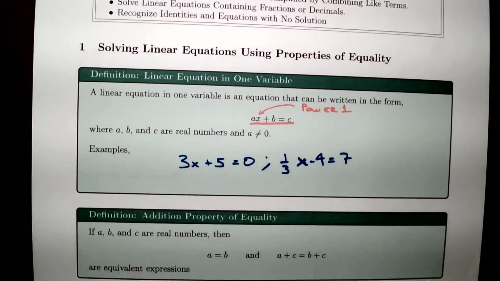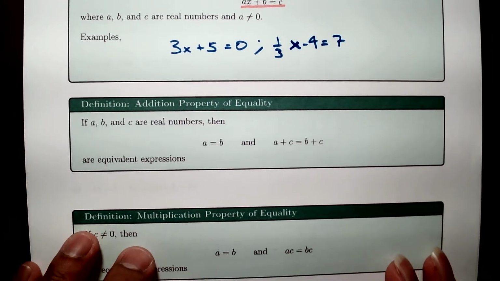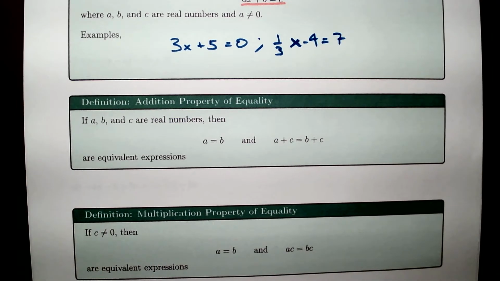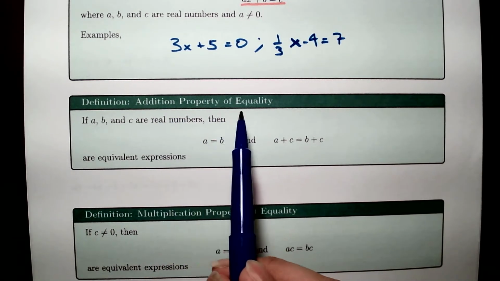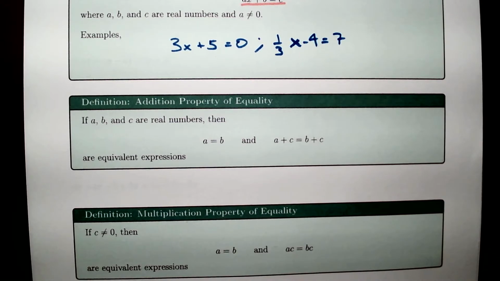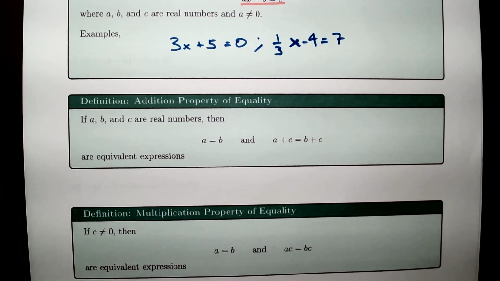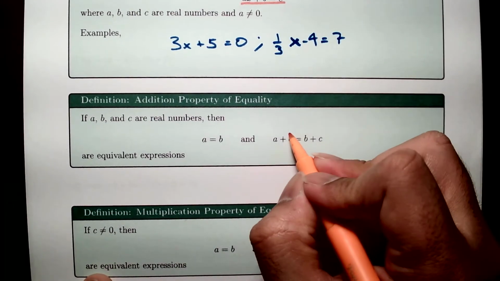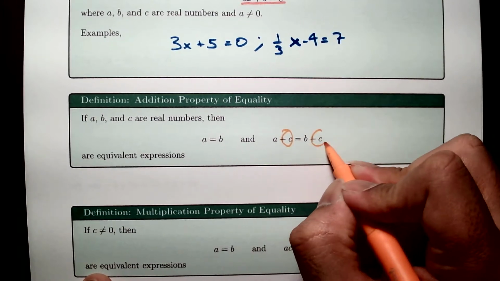In this case, we're going to look at two properties for solving equations. Number one, the addition or subtraction property. Essentially, when we have an equation, we can add or subtract some quantity as long as we do it on both sides of the equation.